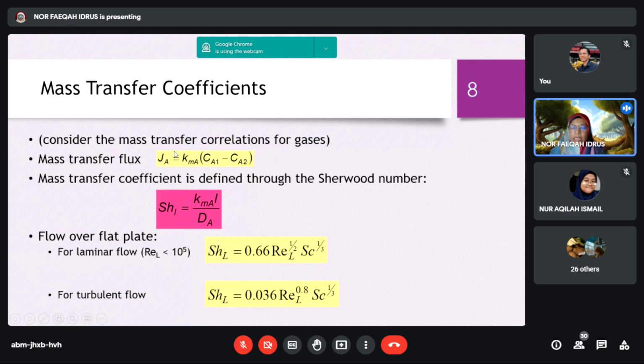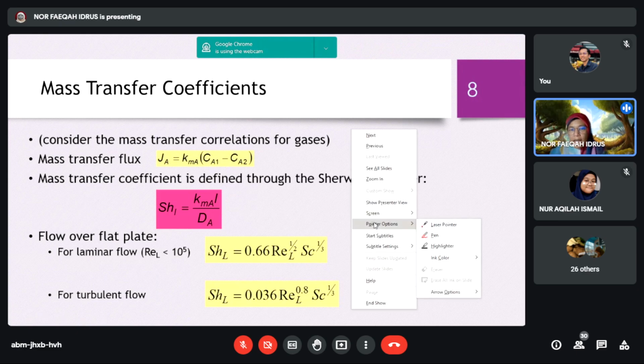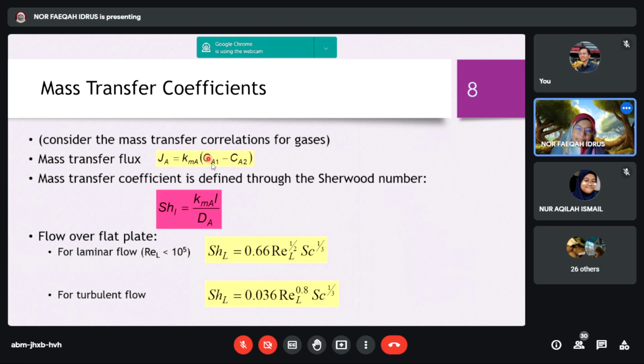So mass transfer flux equals the rate of mass transfer and it's equal to Kma. Ca1 equal to Cab and Ca2 equal to Cas. So no difference. The mass transfer flux equation is actually similar with the mass transfer of reactant from bulk fluid to the external surface of catalyst. Okay, mass transfer coefficient is defined through the Sherwood number.